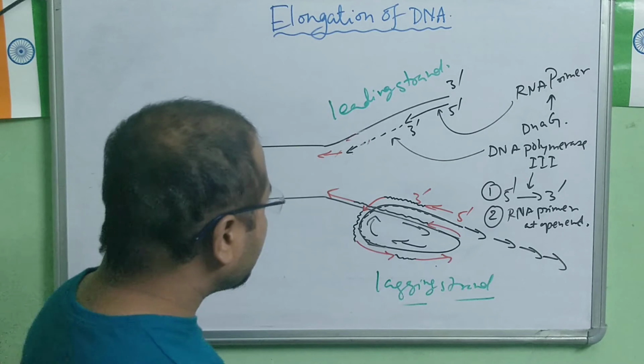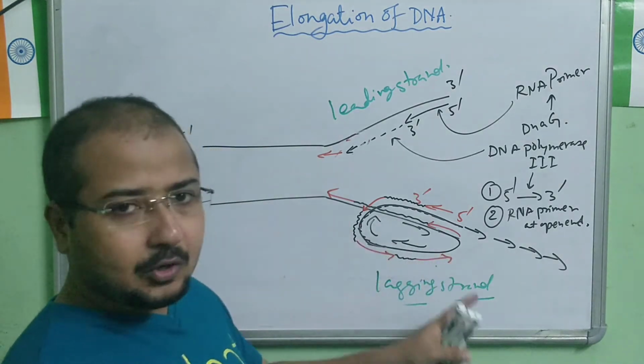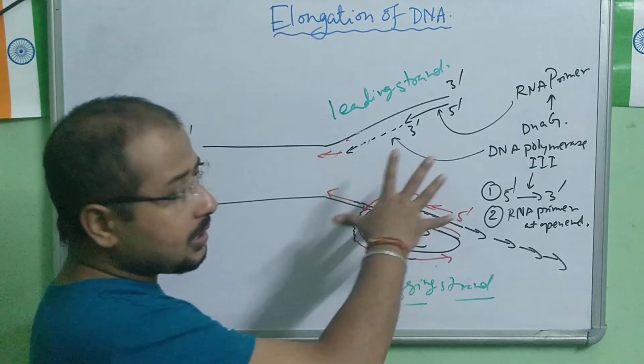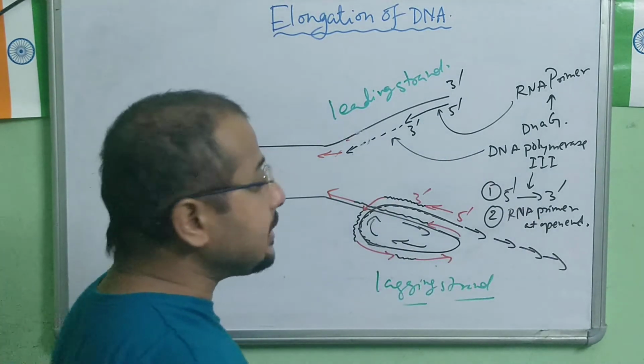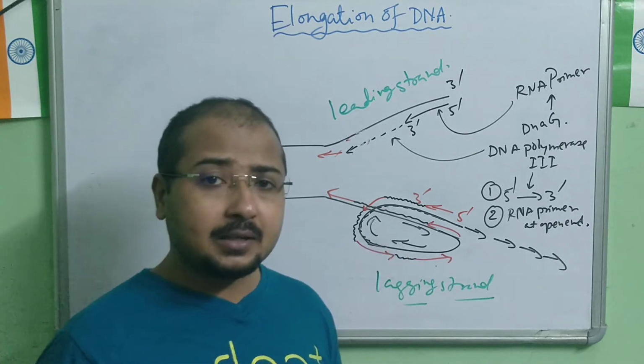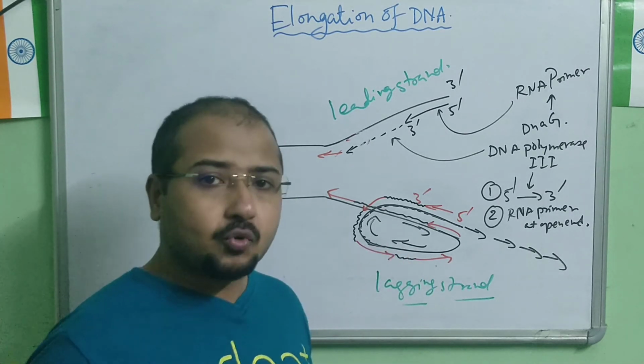Once this strand is formed, you can see the RNA primers are here and here also. Now we don't need these RNA primers because what is actually happening here is replication of DNA, so we don't need RNA.